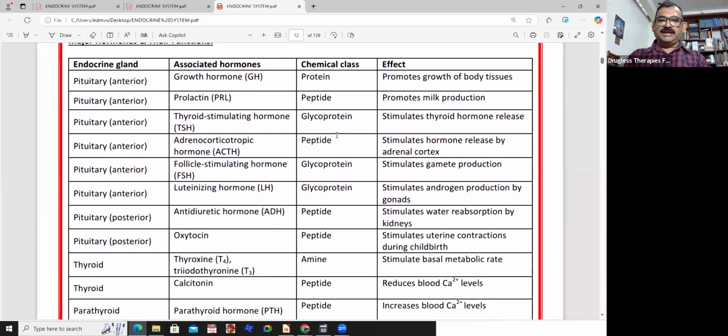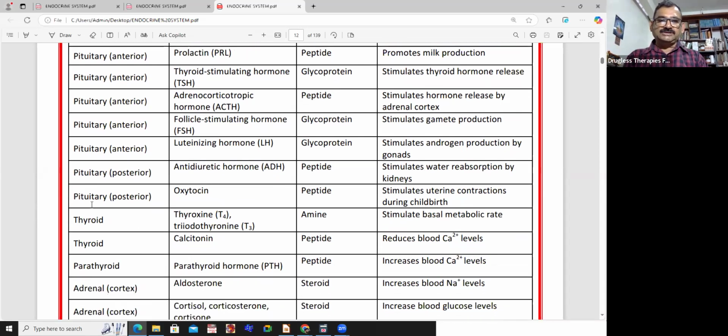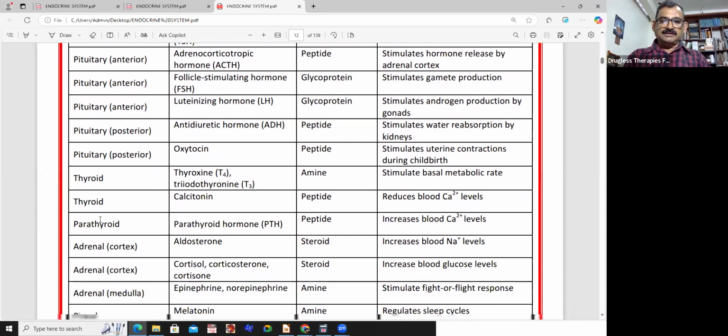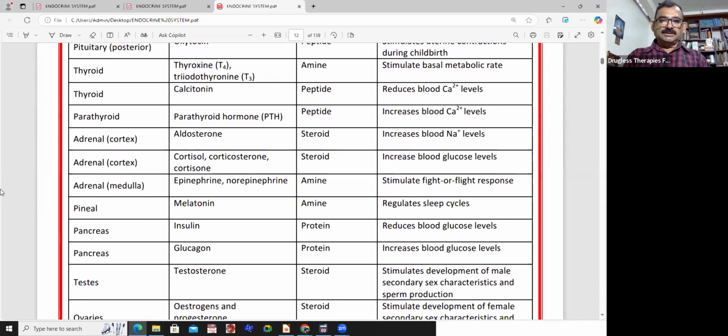So with this, any of this complaint you are coming through, you can use this particular gland. Pineal gland produces melatonin, regulates the sleep cycle. So we can use this directly.